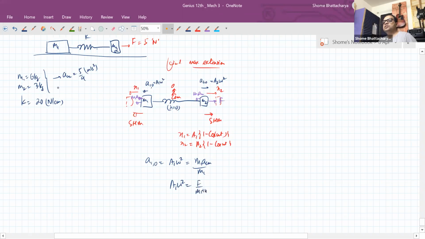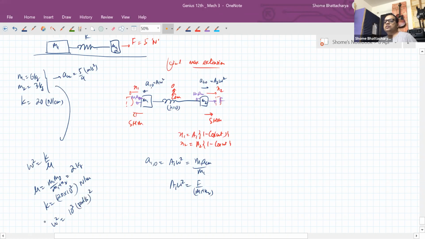Okay. So now you can see here that from this, omega square is K by mu, and mu is 2 kg. Okay. K was this much Newton per meter. So omega square is 2000 divided by 2. So 10 raised by 3 radians per second whole square.